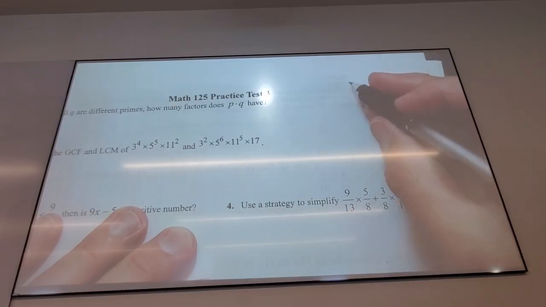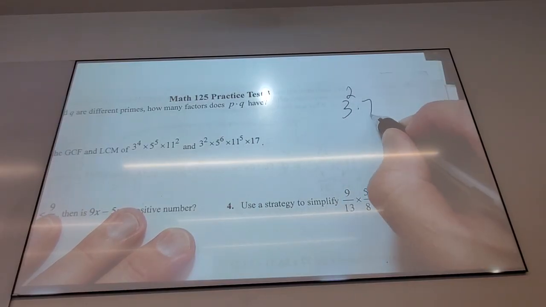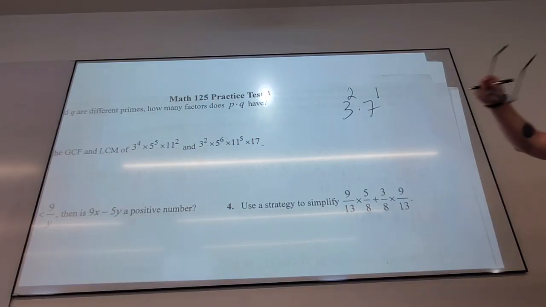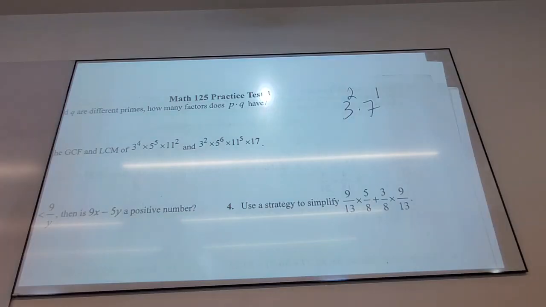In general, real quick. If I factored something like this, do you remember how to tell how many total factors it has if I made a full list of all the factors?